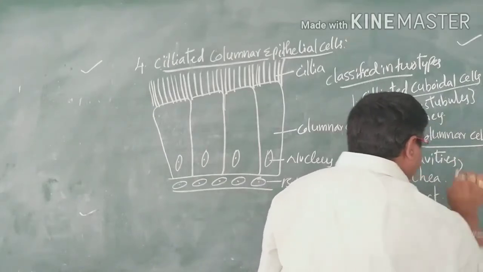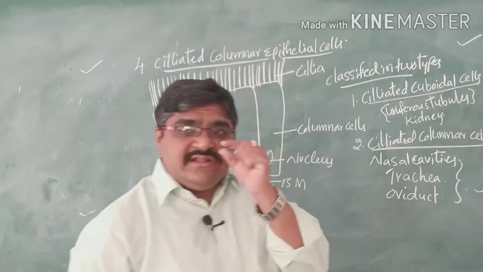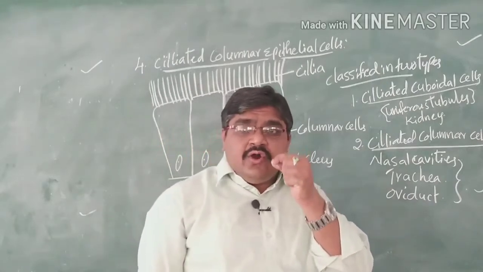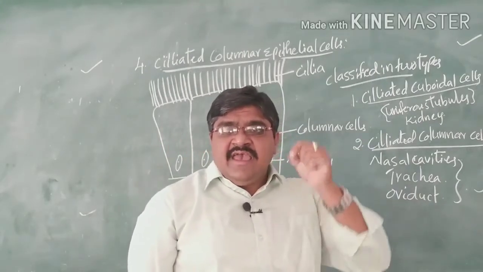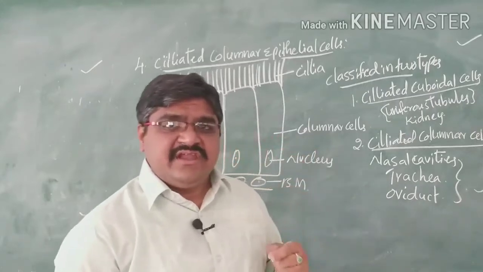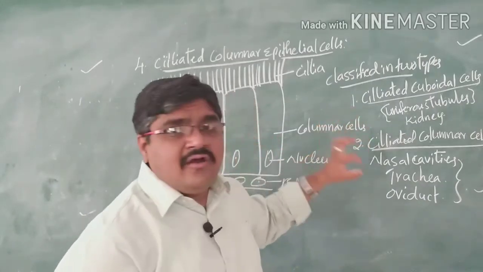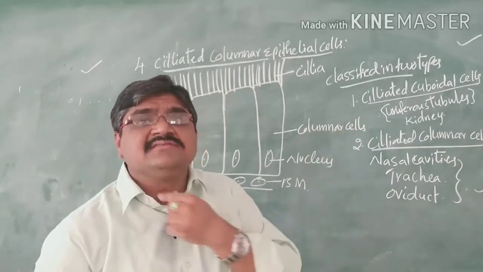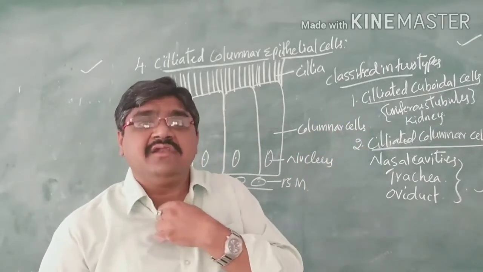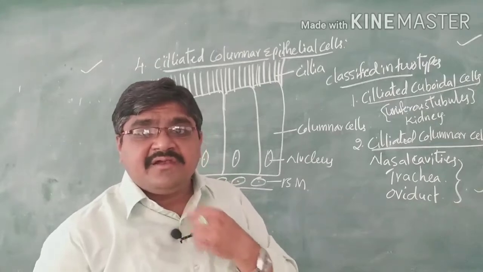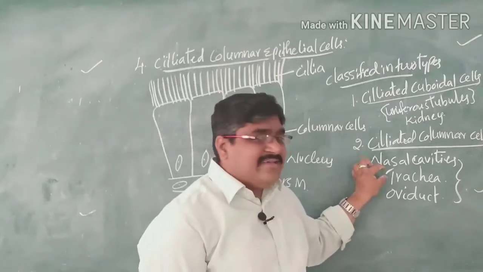In these regions, that means inside the nose or nostrils, hair-like structures are present. Those we can call ciliated columnar epithelial cells. Also in the trachea or windpipe, there are hair-like structures.